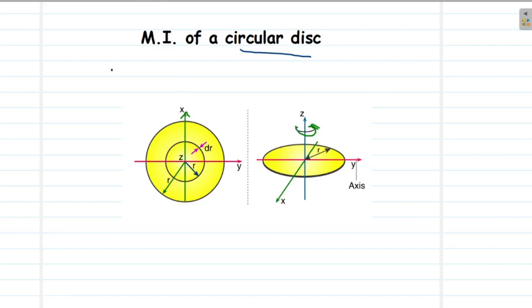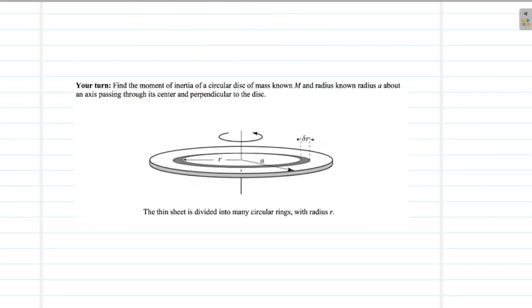So to calculate the moment of inertia about this axis as indicated, we will use a special trick. Just like we calculated the moment of inertia of a rod by dividing the rod into small elements of length dx, in the case of a disk, we will divide this whole disk into small annular rings.